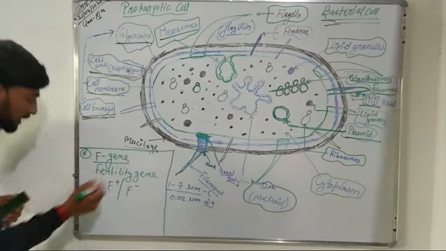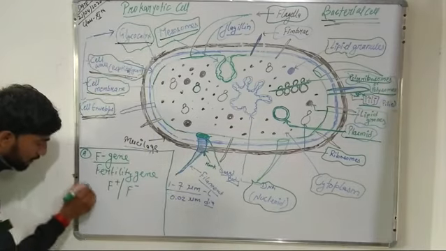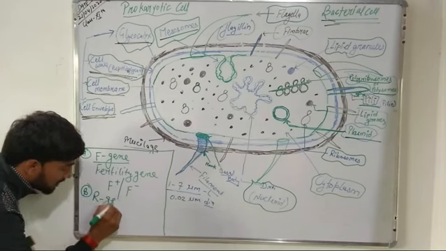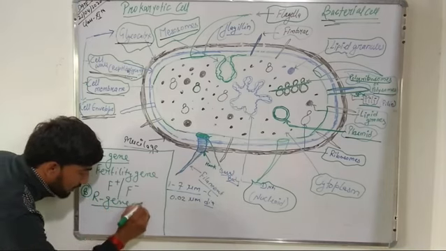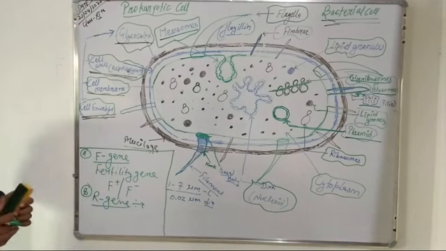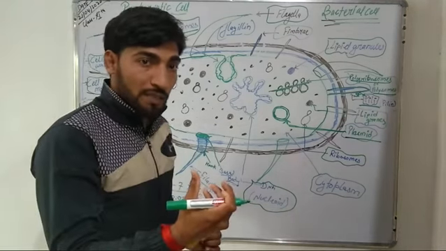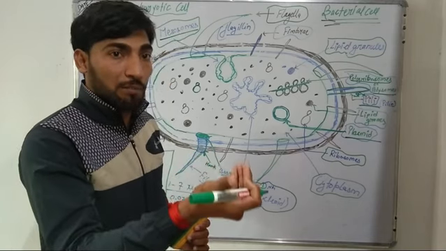Now, the second gene present in this plasmid is known as the R gene. This R gene is responsible for providing resistance to bacteria against some antibiotics.